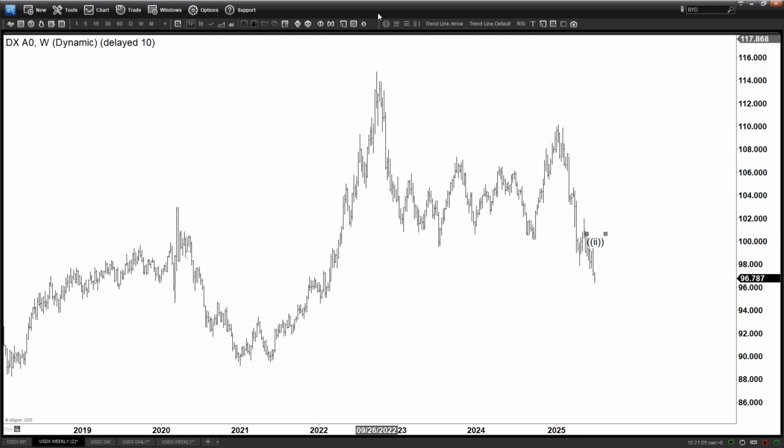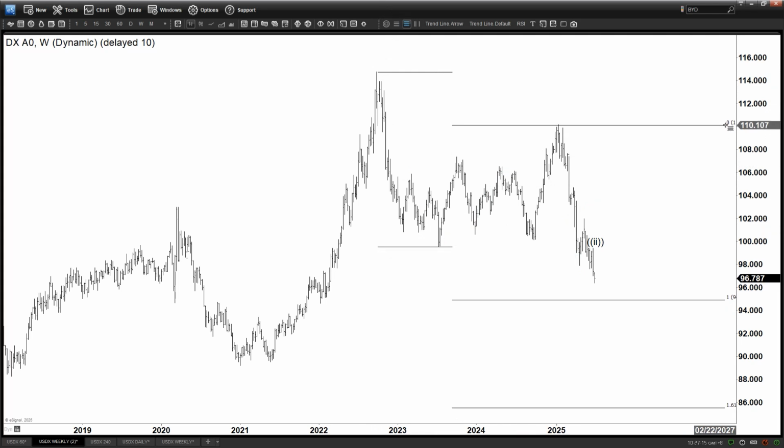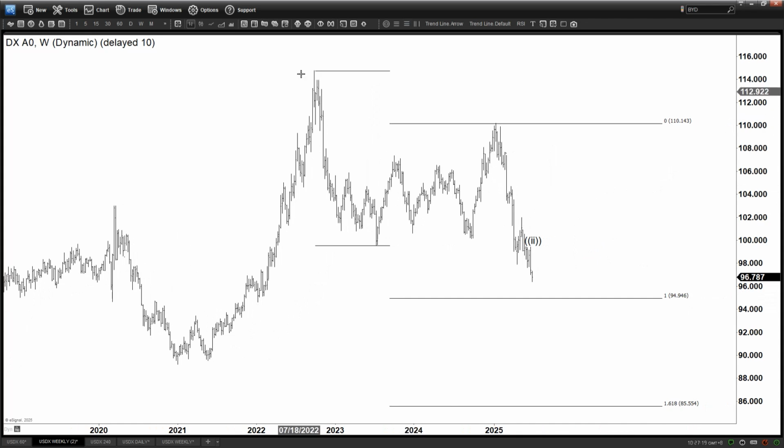A simple extension analysis lets us know we have a potential downside target of at least 95, which is the 100%. Even if you are very bullish the dollar index, then even in an ABC type of movement, you can see some support at the 100% extension, usually in the area between 100% and 161.8.